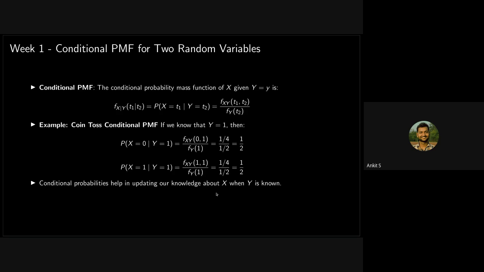Here is an example. The conditional probability mass function of x given y equals y is given as follows. So this is the notation. Earlier, the probability that we wanted to calculate and the event on the other side were both in terms of x.